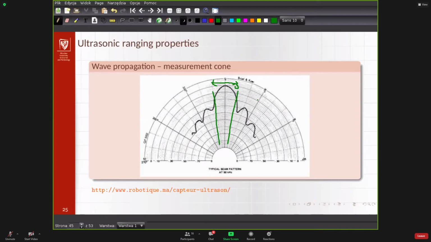You just need to know the distance, and the exact direction is not so important. So that's why these sensors were used. Also, their advantage is they are quite cheap and not so complicated to use.